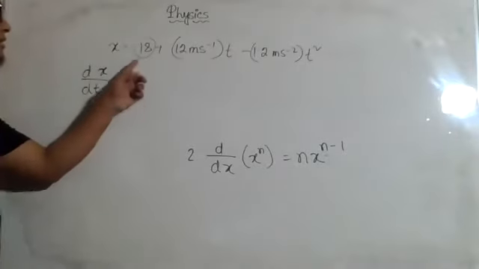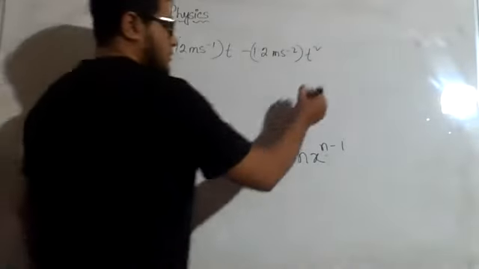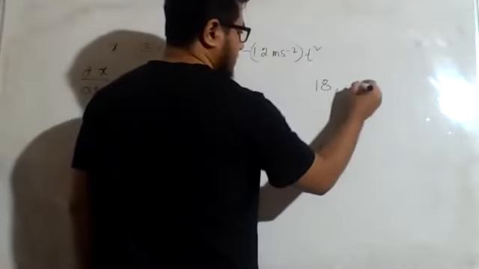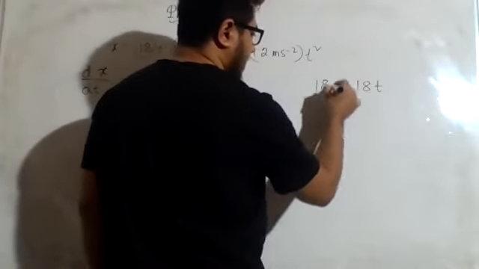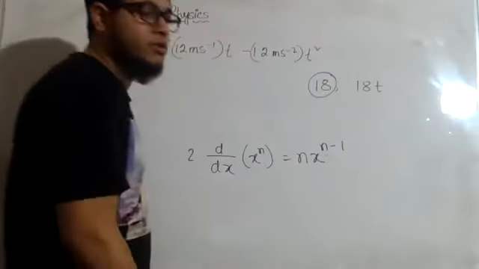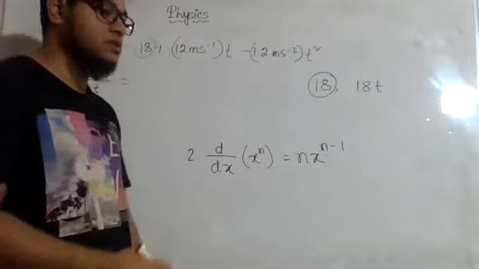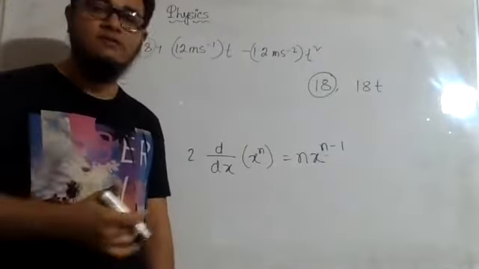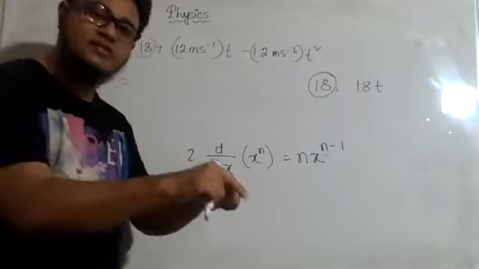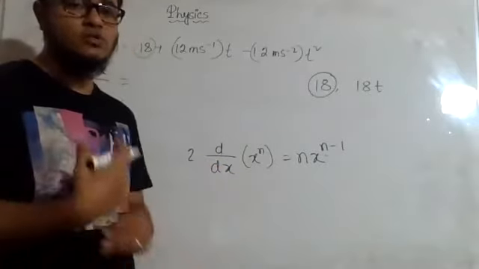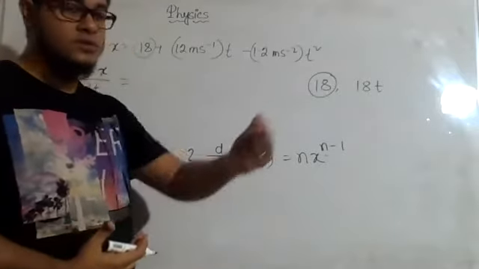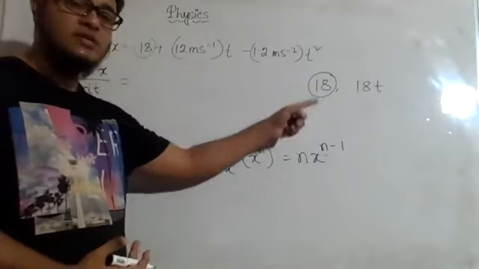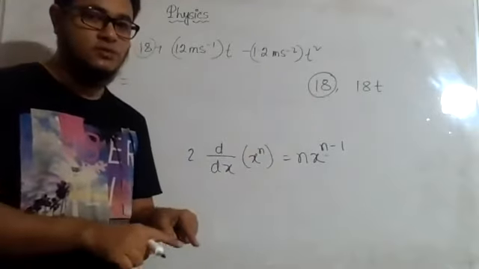Why? You see 18 and 18t. Out of these, 18 is a constant because the value of 18 can never be anything else. It will be 18 only. It does not matter if you change the time. After 1000 years also, the value of 18 is going to be 18 only.